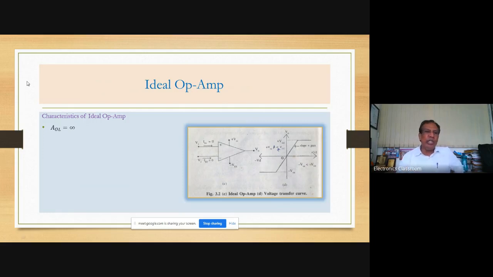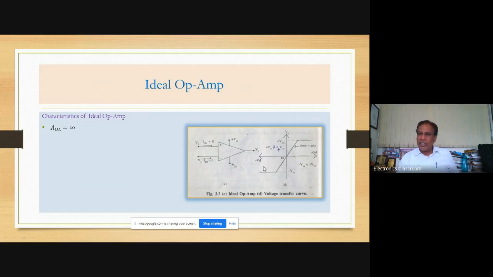Here I have shown the characteristics of the operational amplifier. There are two types of characteristics, ideal characteristics and practical. Looking at the x-axis, the differential signal, Vd, is plotted along the x-axis, and the output voltage V0 is plotted along the y-axis.